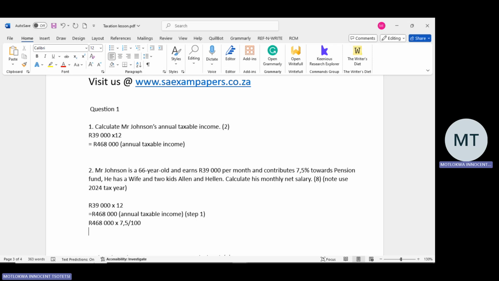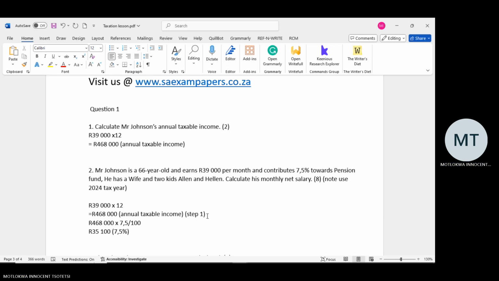Okay, so you are going to do it on your calculator. So it gives us that this 7.5% is 35,100. So this 35,100 stands for this 7.5%.